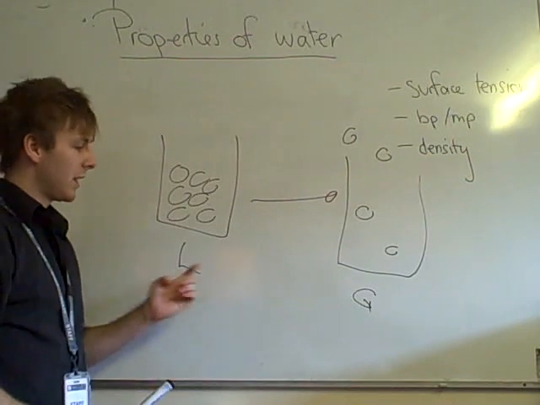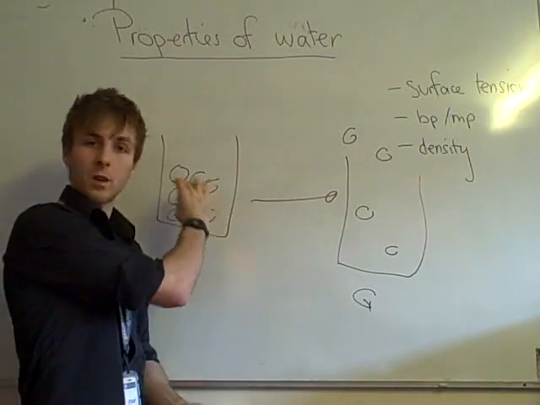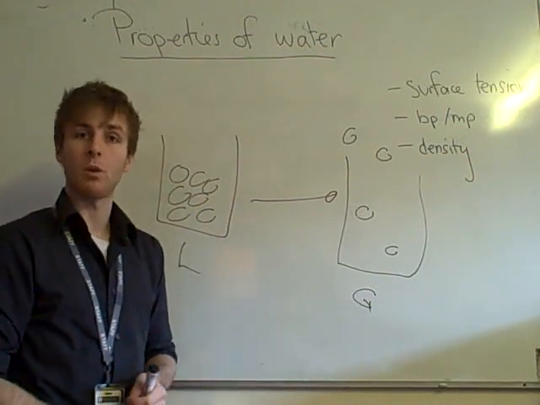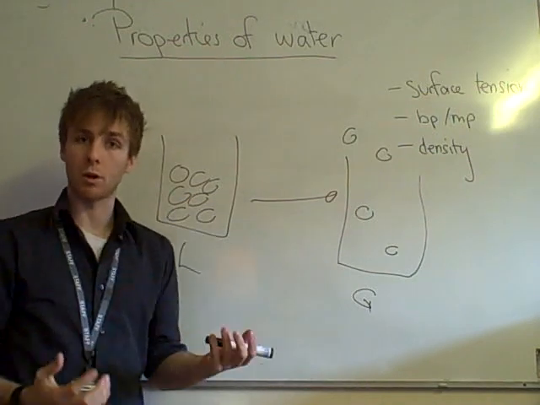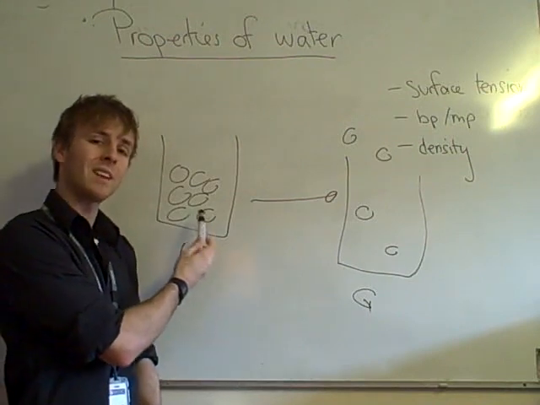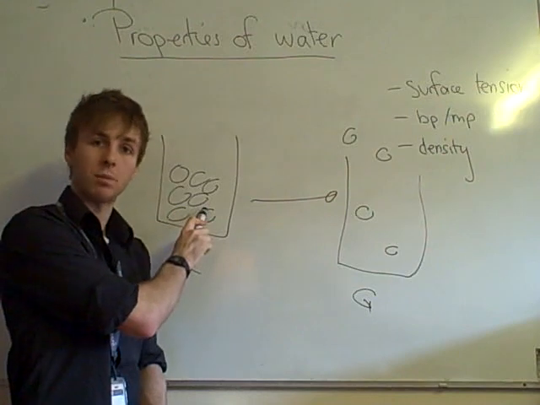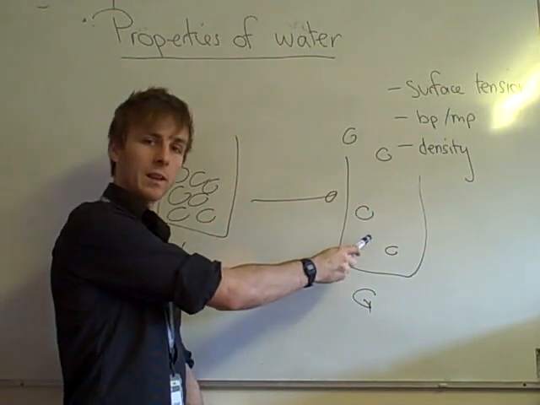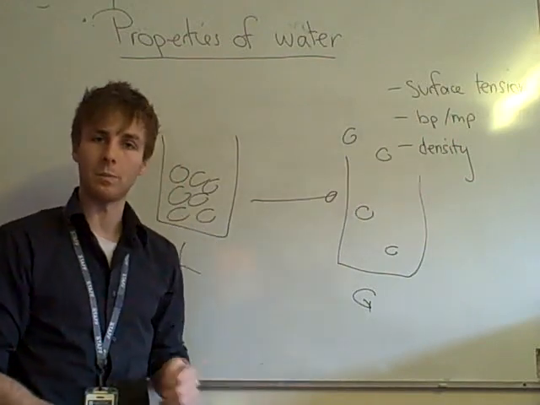In order to change a liquid into a gas, all you need to do is break the forces between the molecules. Now, as I've just said, in pretty much all simple covalent molecules, the only forces between these molecules are incredibly weak, van der Waals or permanent dipole-dipole forces. So it doesn't take much energy to break them. Because it doesn't take much energy to break them, we only need a very low temperature to change it into a gas. Hence, the boiling point and melting point are very low.